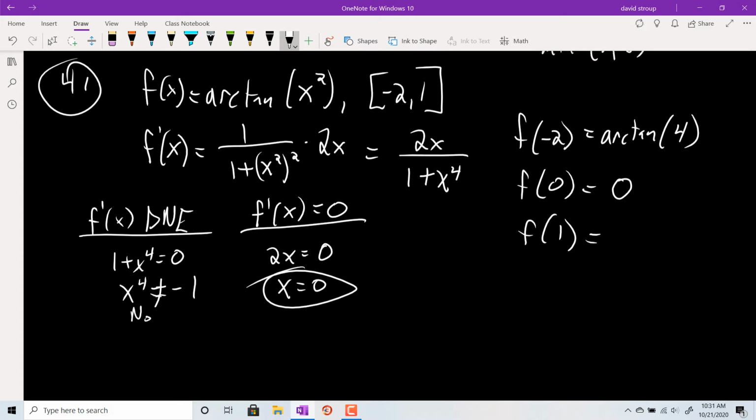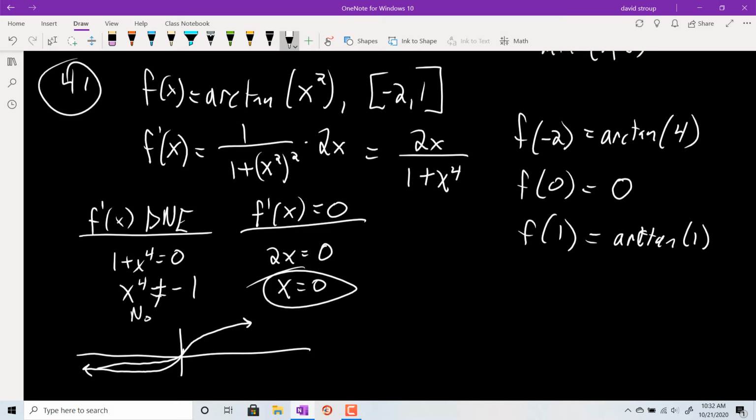And then the third one will be arctan of 1. If you didn't know what the thing looks like, it looks like this. This arctan function should be symmetric. There are asymptotes at pi over 2 and negative pi over 2, but it's increasing.